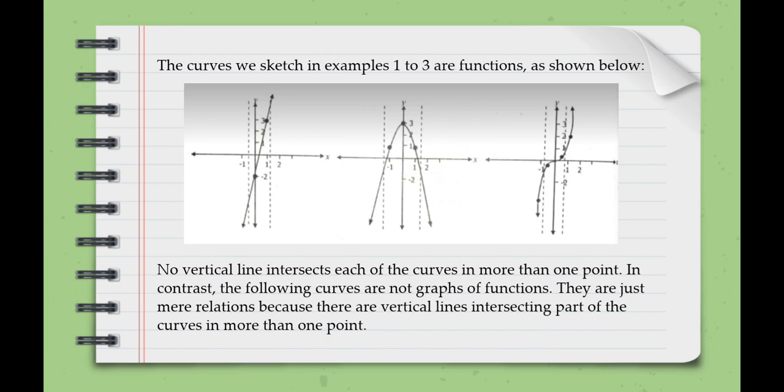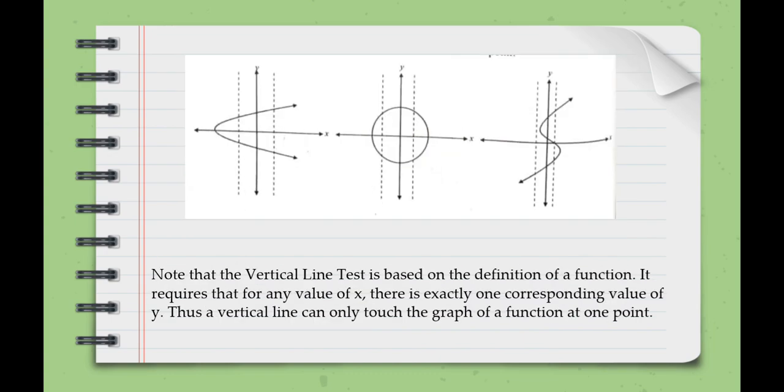Same with the number 3, the given graph number 3. Nag-construct din tayo ng vertical line, dalawa. And then nag-intersect sila, only one point lamang between the graph and the two vertical lines. Therefore, siya ay function. Ito naman po ay hindi function.